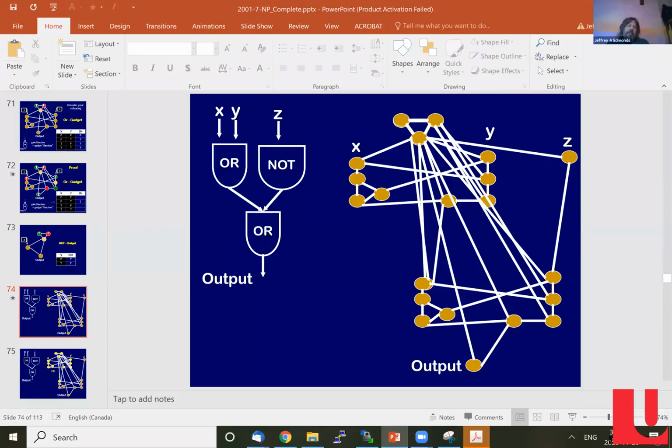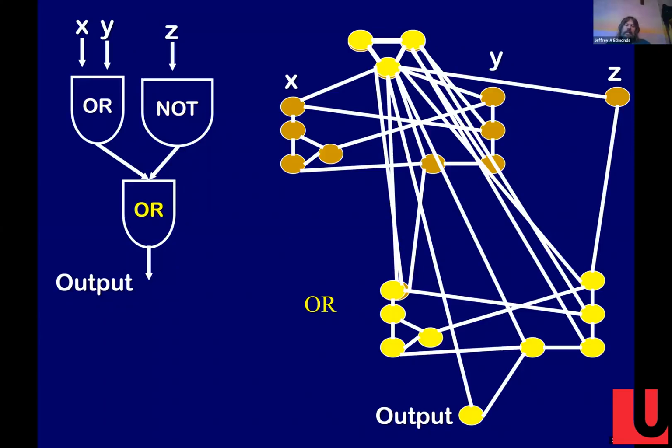Okay. And now this OR gate here, what do I do with the OR gate? Well, the OR gate is another OR gadget. So here you can see it. That's an OR gadget, and it has the same triangle. Right? It's an OR gadget with the triangle moved up there. Yeah, exactly. And what are its inputs?